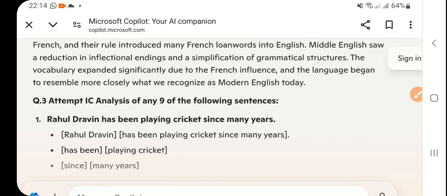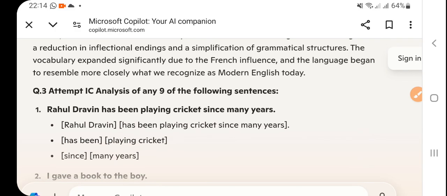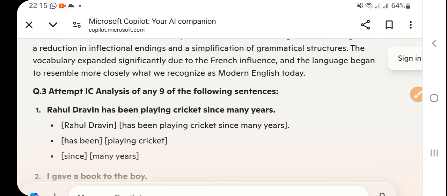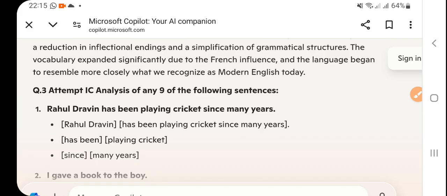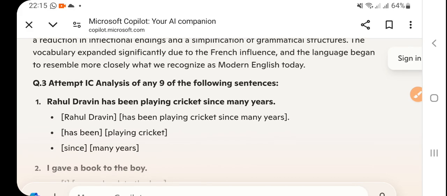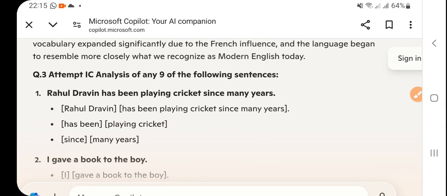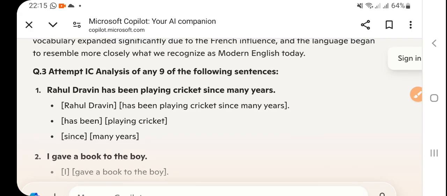So they changed the grammatical structure, made it simple, and the vocabulary expanded significantly due to French influence, and the language began to resemble more closely what we recognize as modern English today.